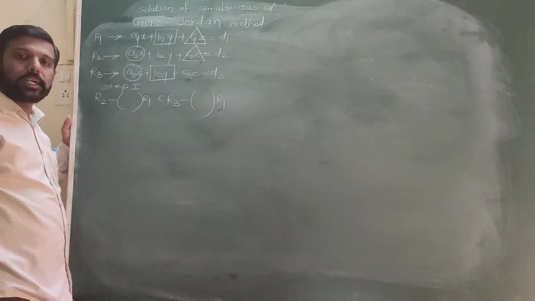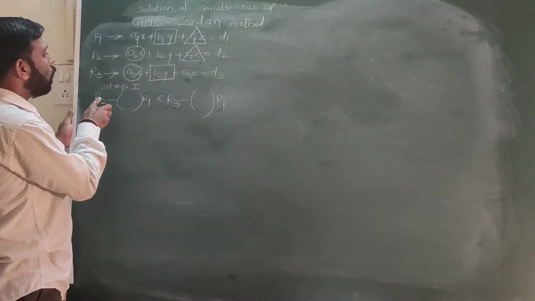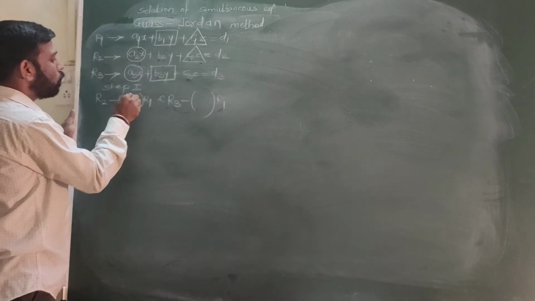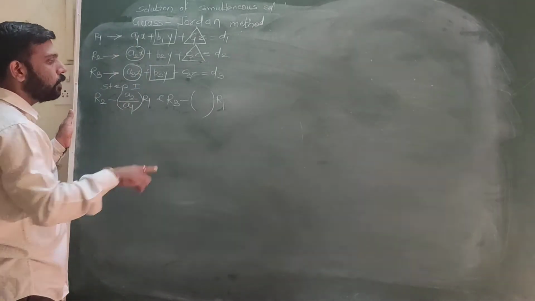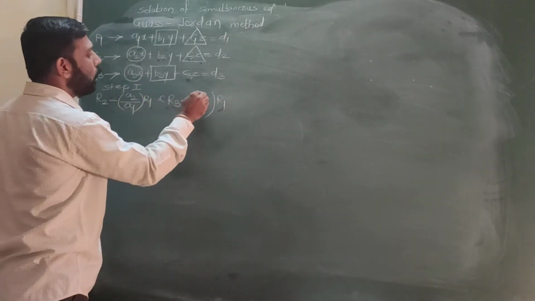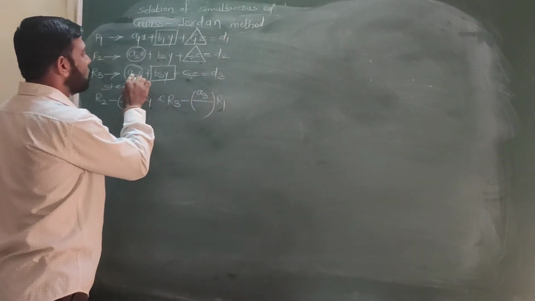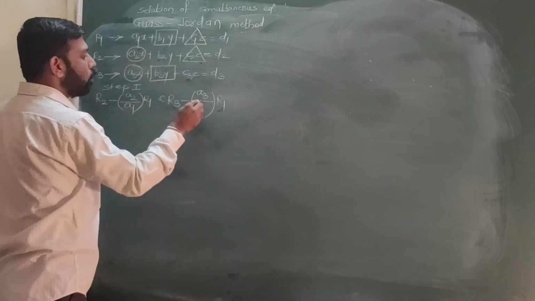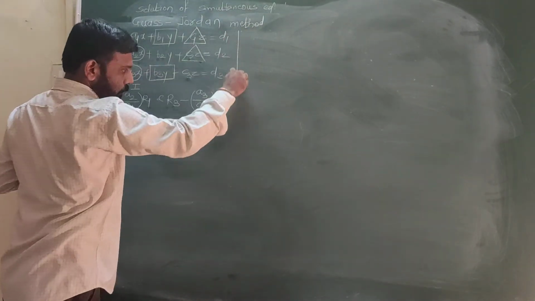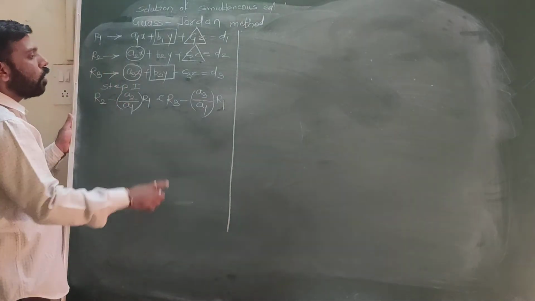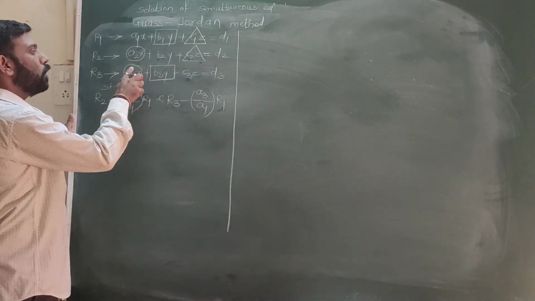In the bracket we'll write down the multiplying factor. For R2, the coefficient of R2, that is a2, with the R1 coefficient in the denominator. Similarly, for R3, this coefficient divided by the R1 coefficient. Because of these two operations, these two elements become 0.